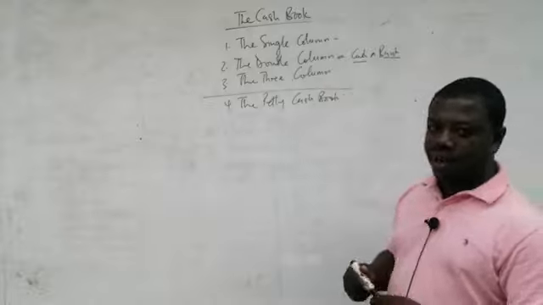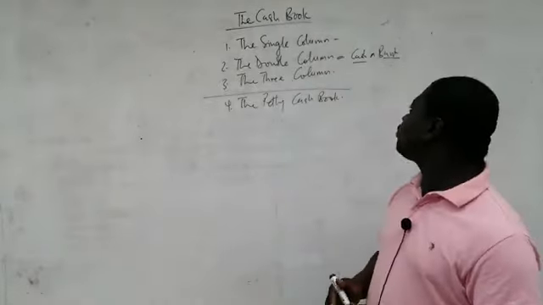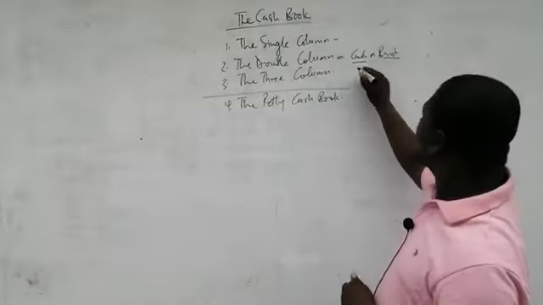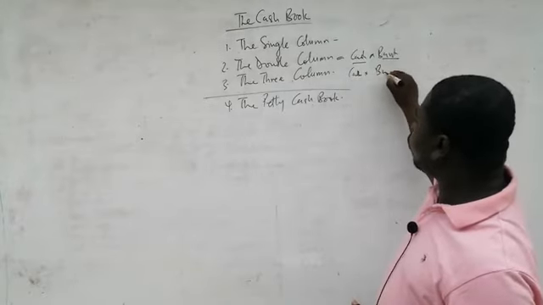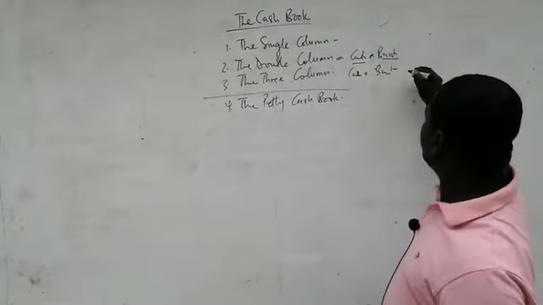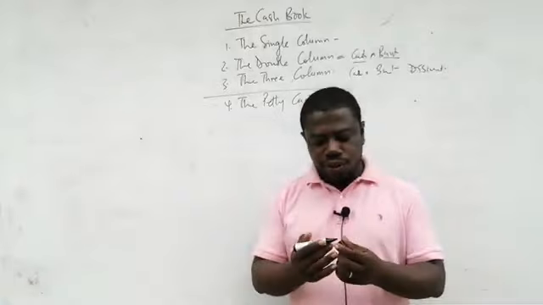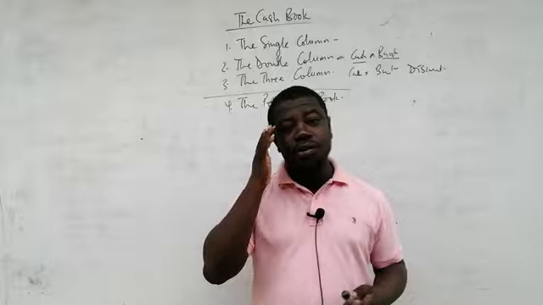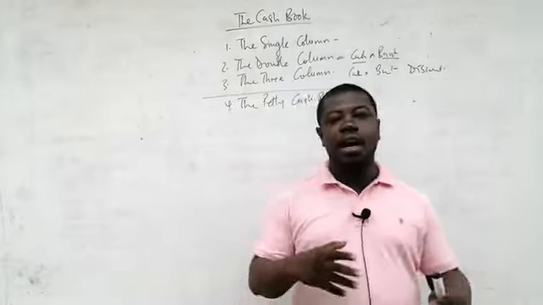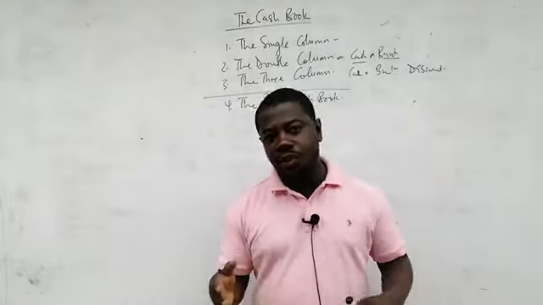And when we come to the three column cash book, it will have the same cash and bank columns for both debit and credit, but with an additional column for discounts. And so we take into consideration the fact that discounts could be received or allowed in our dealings with our customers and with other people.